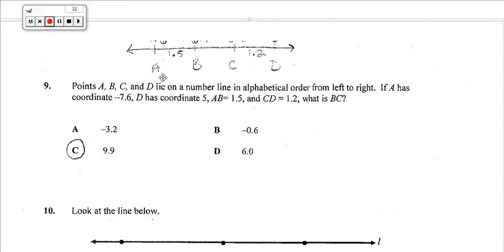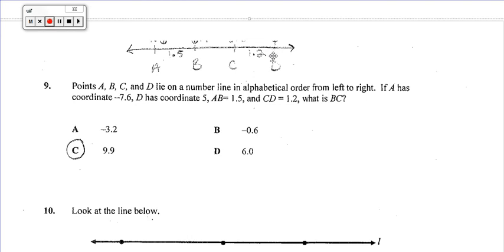If A has coordinate -7.6, so that's that one up there, D has coordinate 5, so that one up there, and AB equals 1.5. So we can find out what the coordinate for B is by taking -7.6 plus 1.5, which would be negative 6.1.